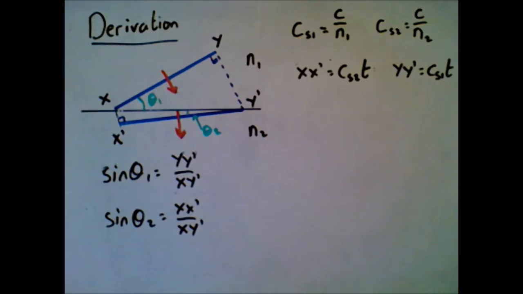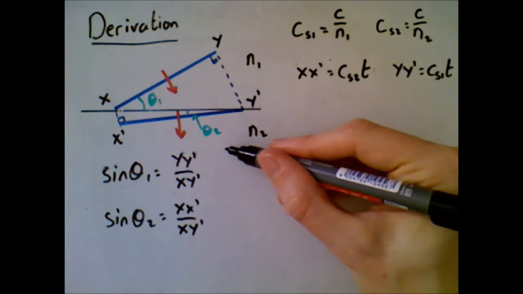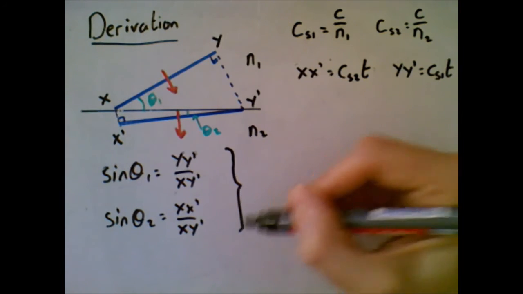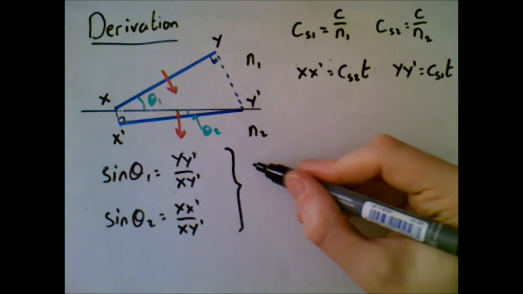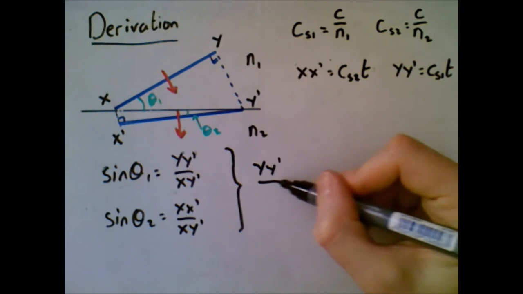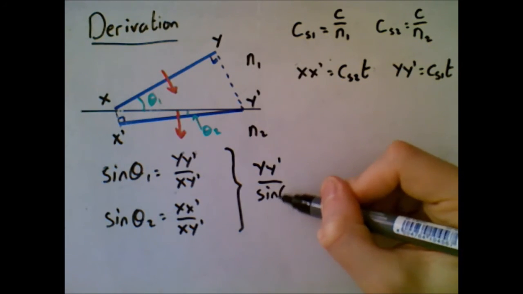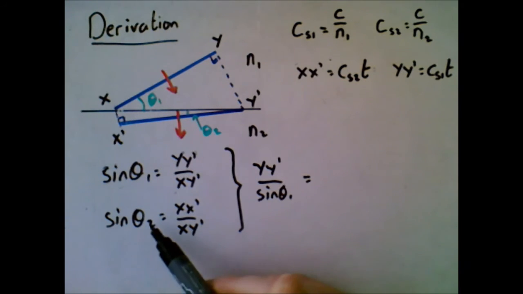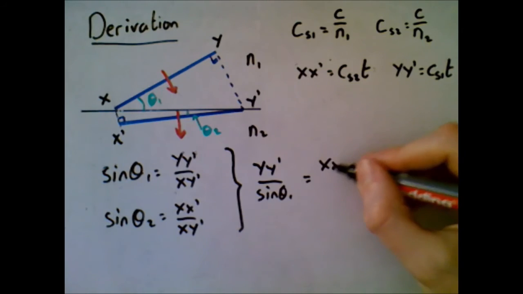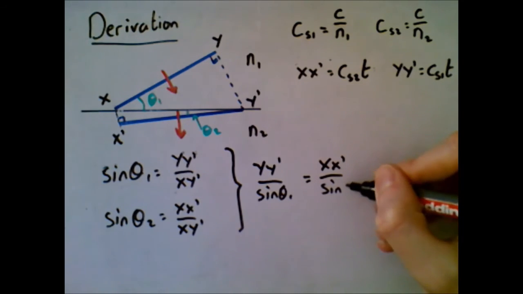That's the hypotenuse in both of those triangles. Now, we can combine these together, because this would say that xy prime equals y prime over sine θ1, and that must equal, well, from this equation here, xy prime is x prime over sine θ2.